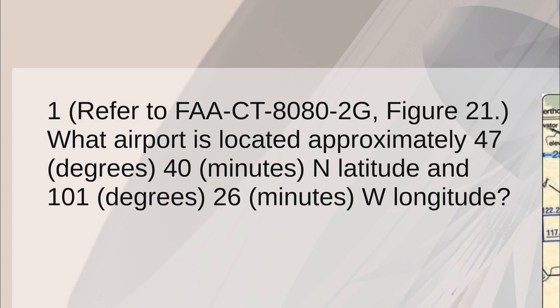And they're looking at figure 21. So you literally would have this figure 21 in your book when they give you the test. They'll give you a book and it'll have the figures so you can look them up. You can also look at them on the computer, but it's good to have it there on paper in front of you as well so that you can find things quicker and easier.